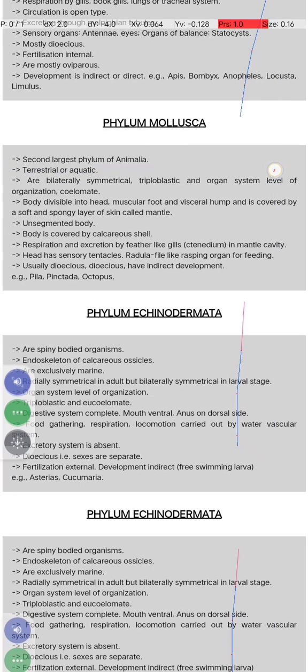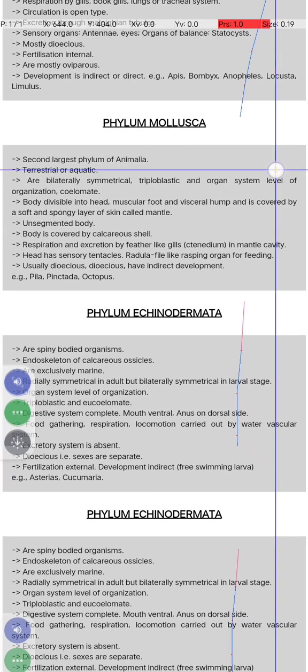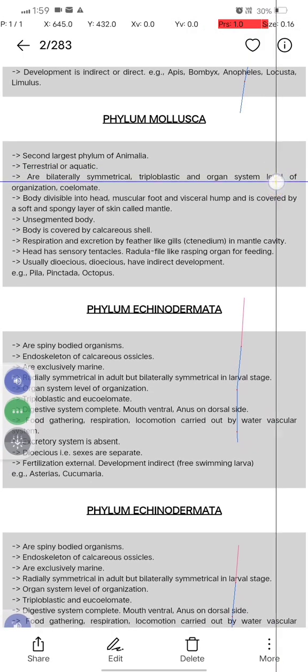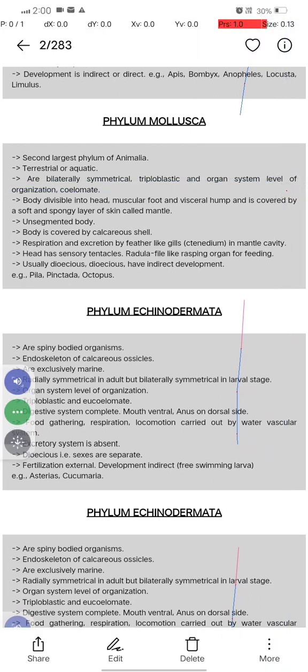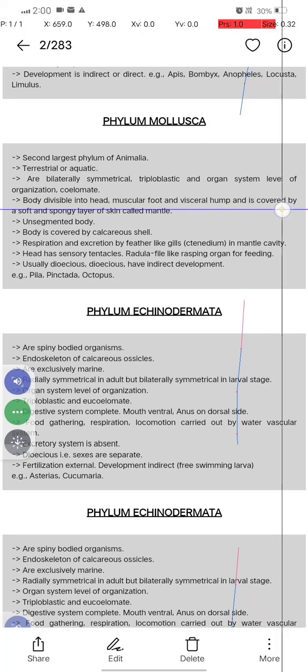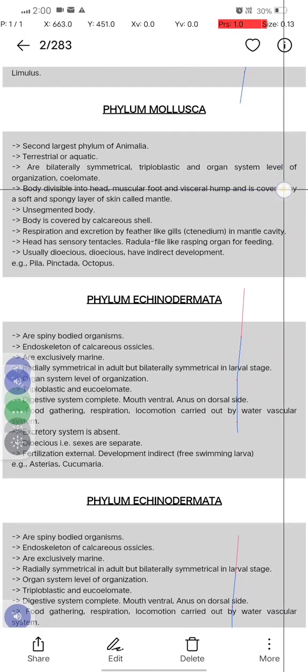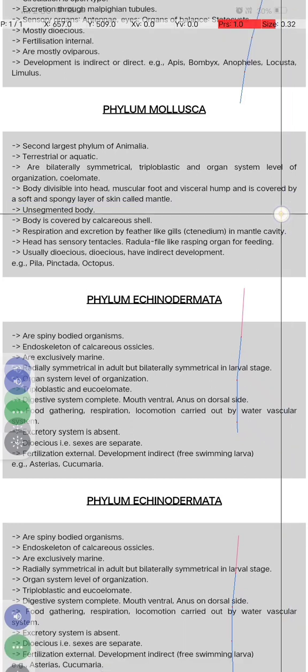Phylum Mollusca, the second largest phylum of Animalia, terrestrial or aquatic. They are bilaterally symmetrical, triploblastic, with organ level of organization, coelomate, and the body is divided into head, muscular foot, and visceral hump, covered by a soft and spongy layer of skin called mantle.